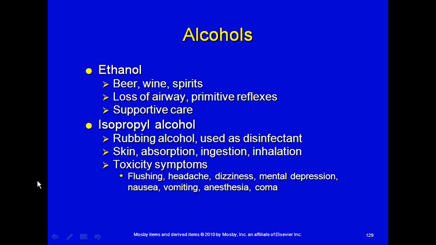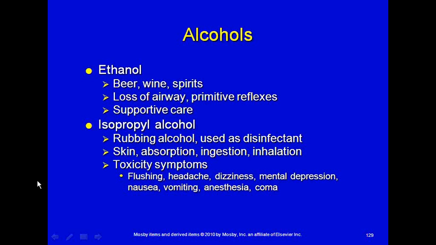And the care for ethanol poisoning is just supportive. You just have to keep them awake, stay with them. If they vomited a lot, may consider an IV with some fluids to help replace the volume lost by all the vomiting that may be associated with alcohol poisoning.